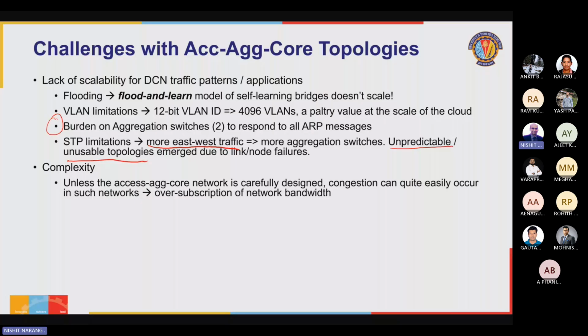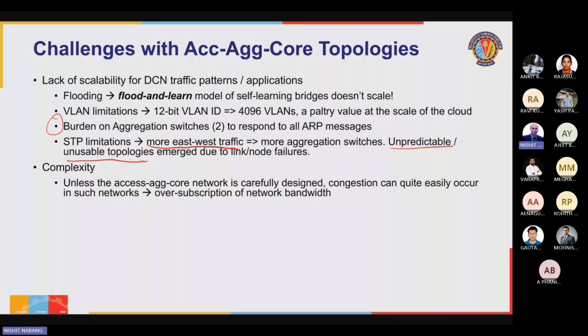See, we said there's a challenge of a broadcast storm in an access aggregation core network approach, because of which I needed to bring in STP, spanning tree protocol. Now, when spanning tree protocol comes in, it does not use some of the available links and the available bandwidth. It marks them as standby. So it is like saying that network bandwidth has become unusable.